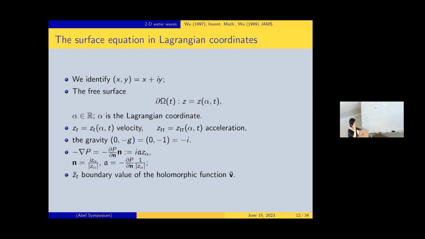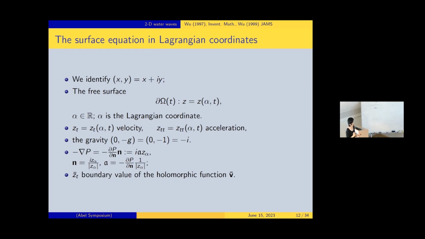So minus i. And we know the pressure is 0 on the interface, so the gradient of P should point in the normal direction. We do a decomposition in the tangent and normal directions, and only the normal direction survives, and we write it like this. Because taking the derivative of the interface with respect to alpha gives a tangent vector, and multiplying by i gives a normal vector.